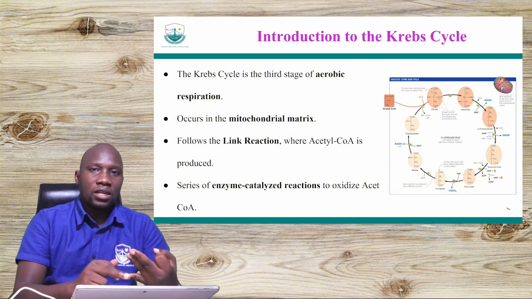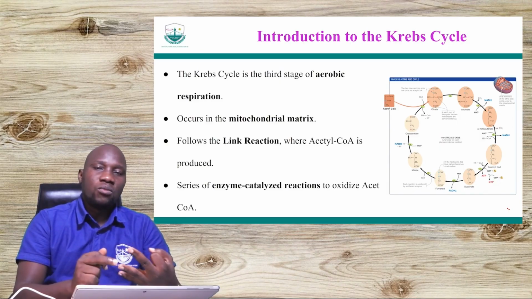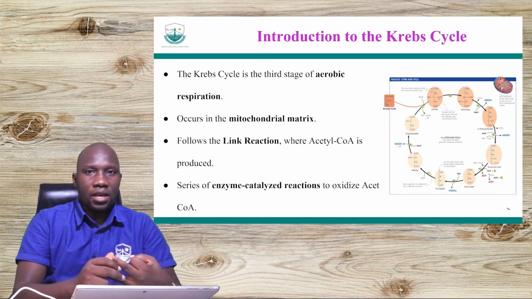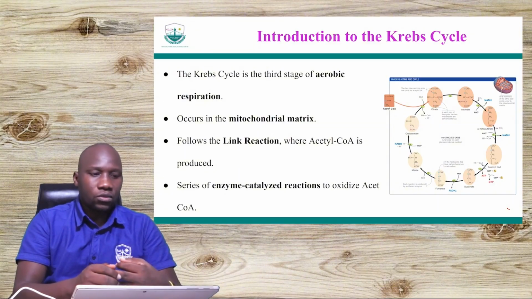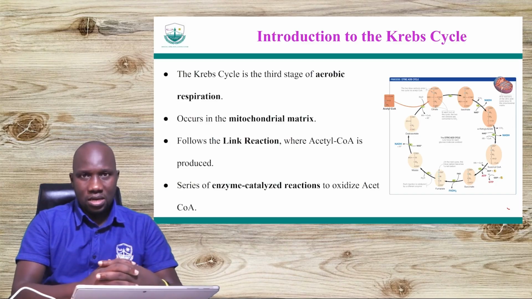We have glycolysis, and if we have presence of oxygen, then we move to Krebs cycle, and then we move to the electron transport chain, or electron transport system, or you can call that oxidative phosphorylation.